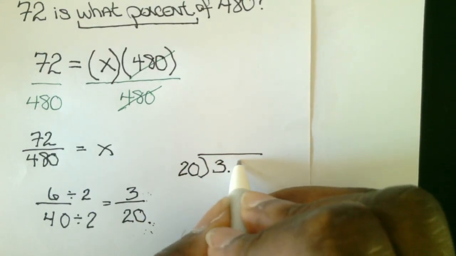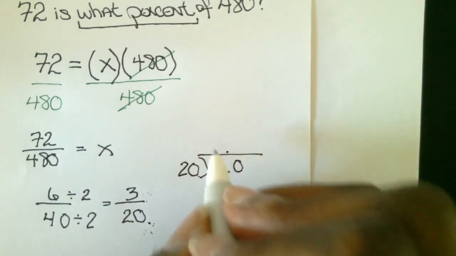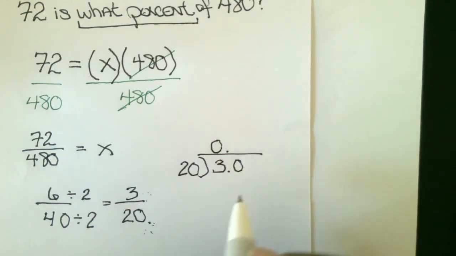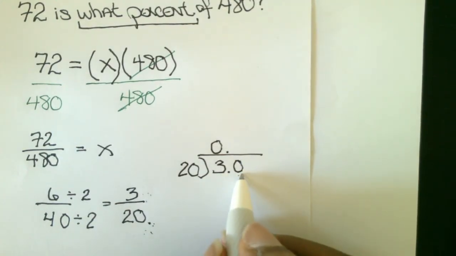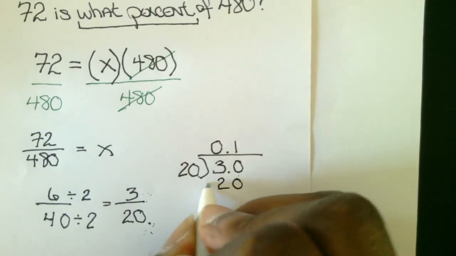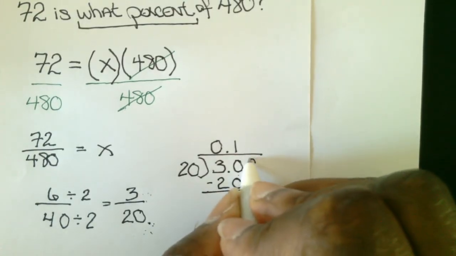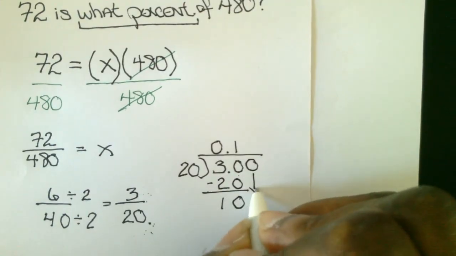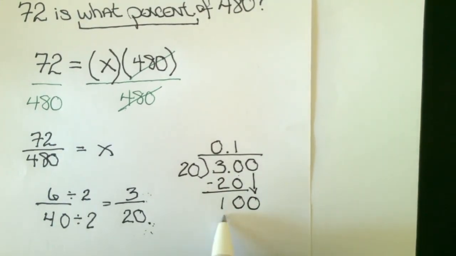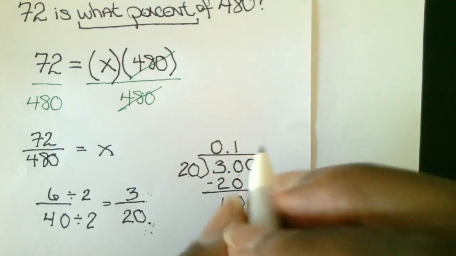Have my decimal point, add my 0. So how many 20s can go into 3? 0. How many 20s can go into 30? Well, that's 1. And that gives me 10. If I add another 0 and bring that bad boy down, now that 10 is 100. How many 20s can go into 100? We got 5.